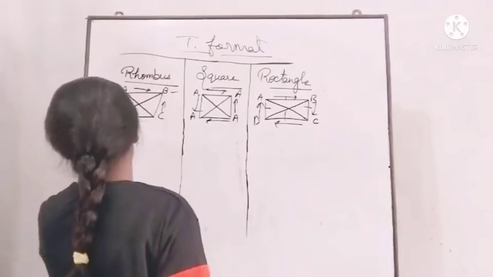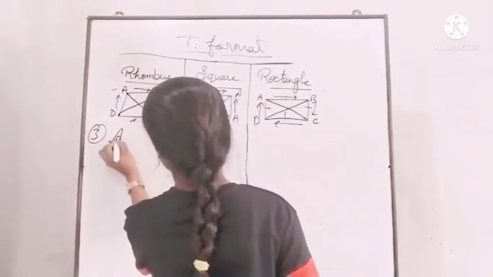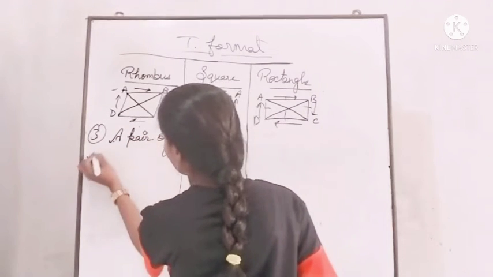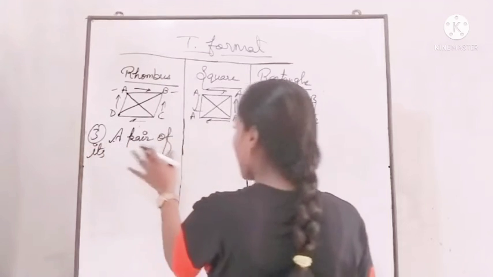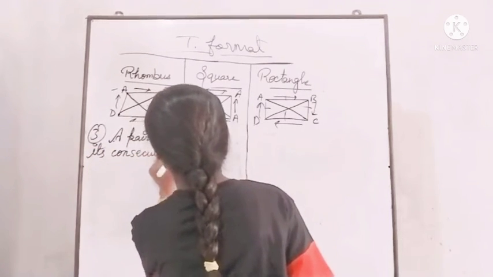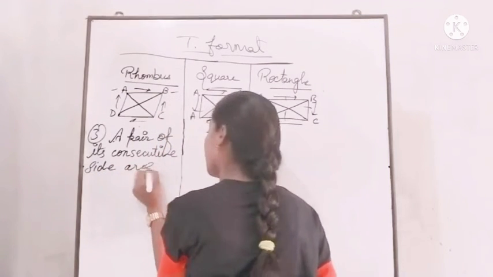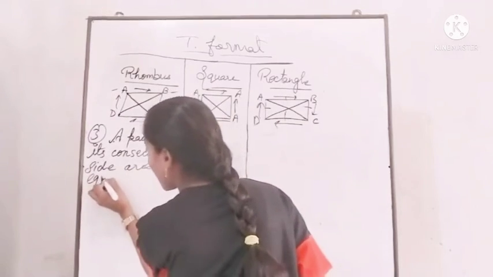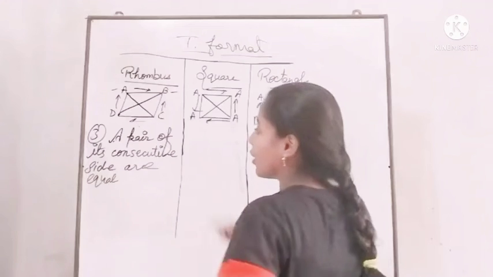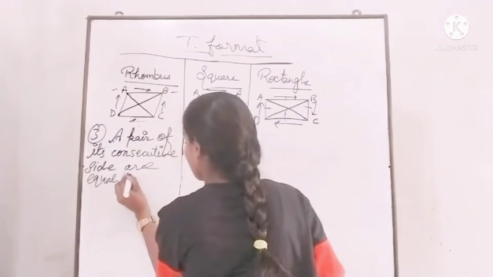Now the third point about the rhombus is that a pair of its consecutive sides are, listen and see carefully, equal. But here you also need to write that a pair of its consecutive sides are equal in length.